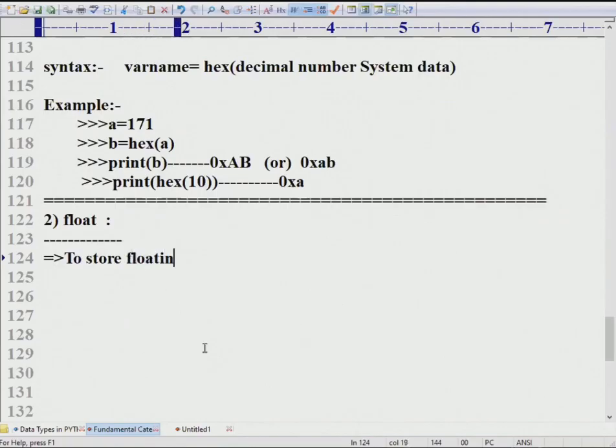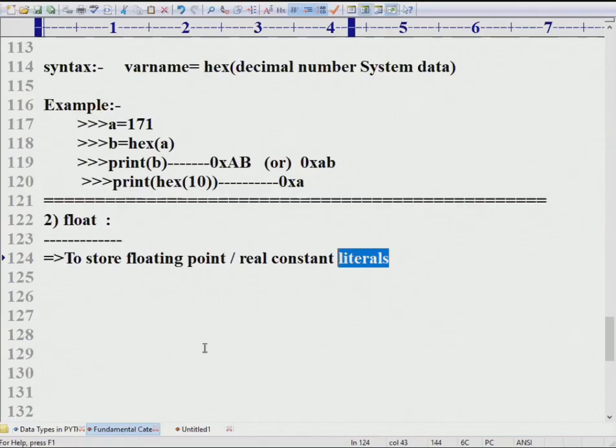Mathematically, according to IEEE standards, we can also call them real constant literals. Literal is nothing but a value.